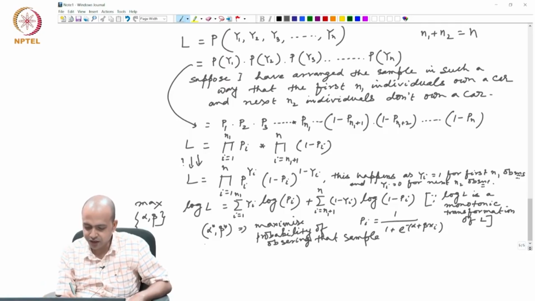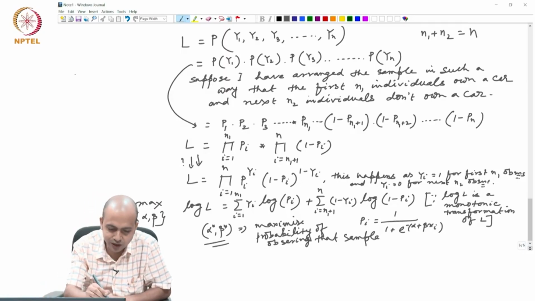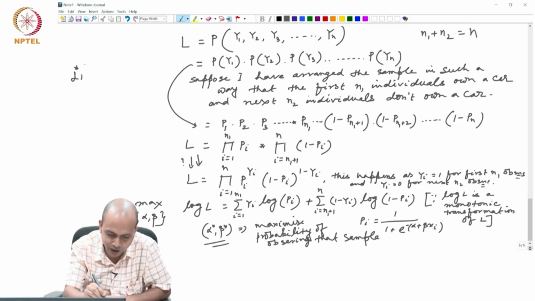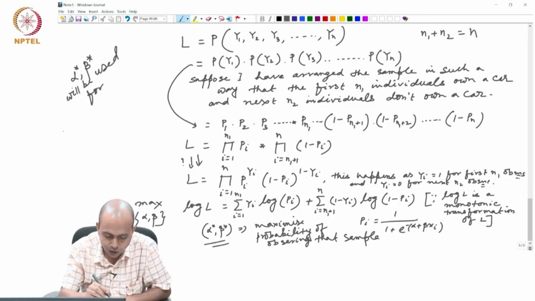So, I will take that particular alpha hat and beta hat, which will then be used for inference making.